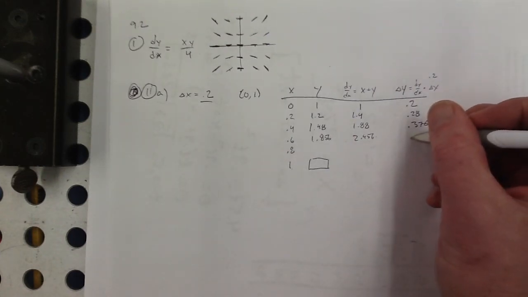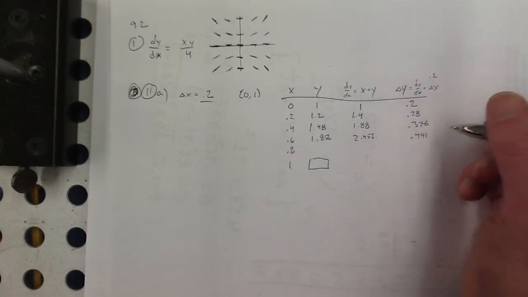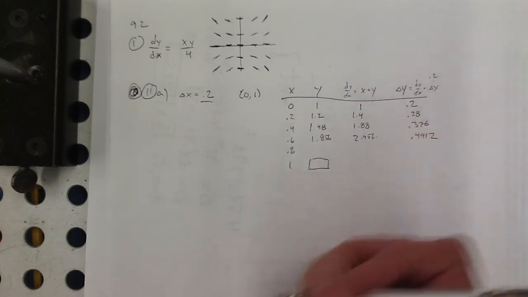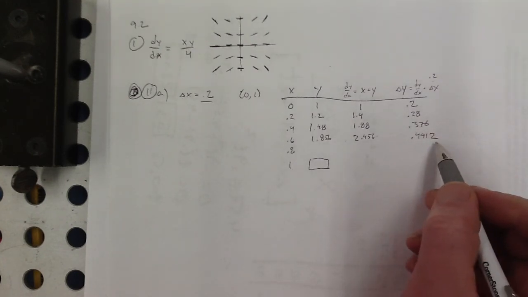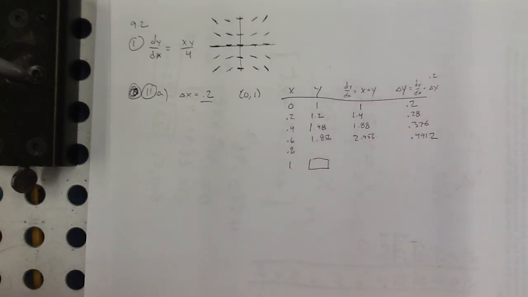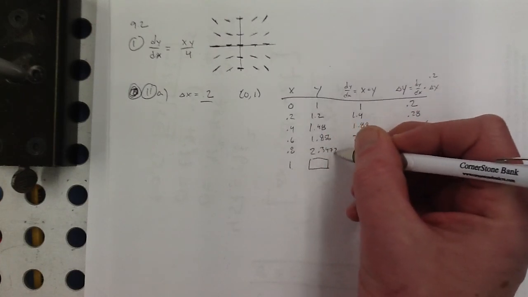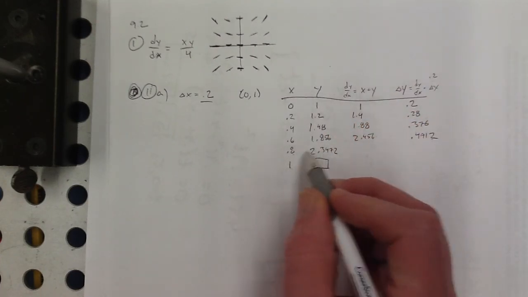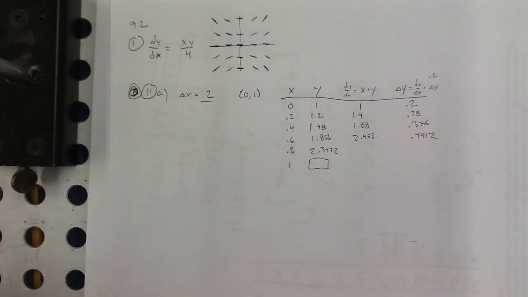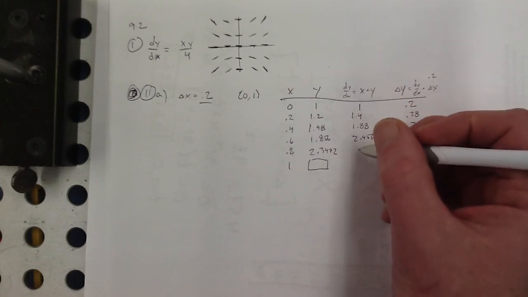And I'm going to keep 3 College Board decimal places. Actually, I'll keep 4 until I get to the end. It's probably wiser. And then I'm going to add that to this. And then I'm going to add these together because that's how I get the slope. Ooh, that's almost pi.